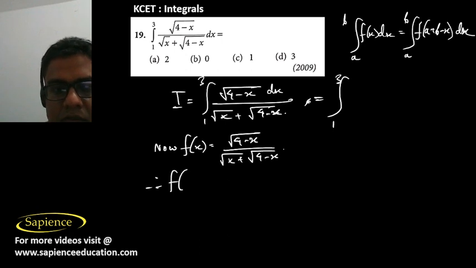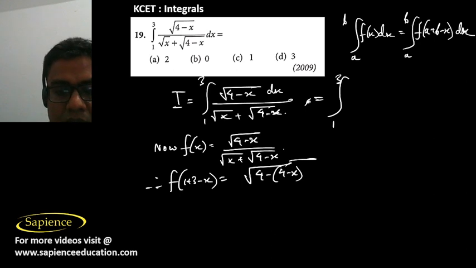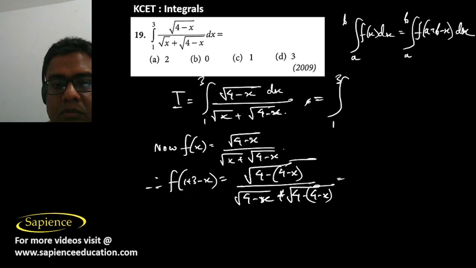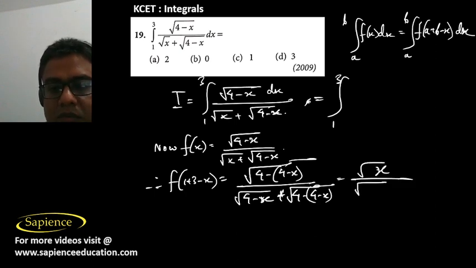Now f of 1 plus 3 minus x, that is equal to f of 4 minus x. Simply I will replace x with 4 minus x. This will be root over 4 minus of 4 minus x, which is root over x, divided by root over 4 minus x plus root over x.